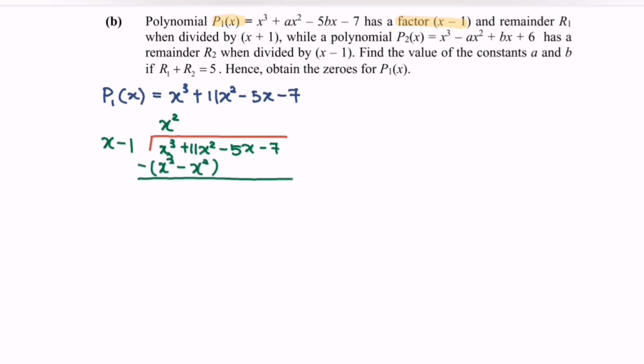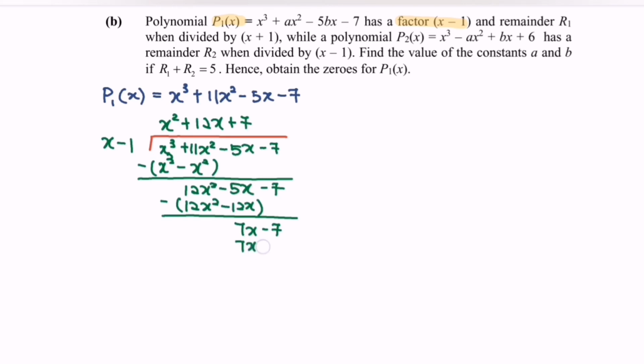So simplify, we will have 12x squared - 5x - 7. Next, multiply with 12x. So we will have 12x squared - 12x. Simplify. So we will have 7x - 7. Next, we need to multiply with 7 and we will have 7x - 7. Then the remainder is 0.